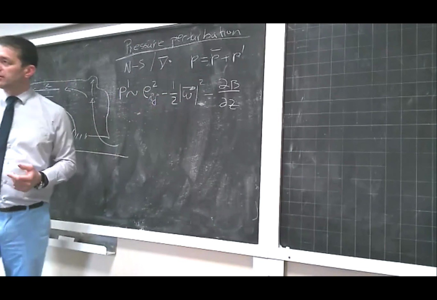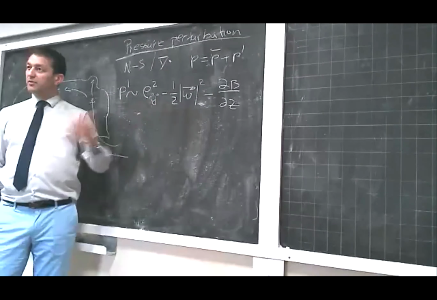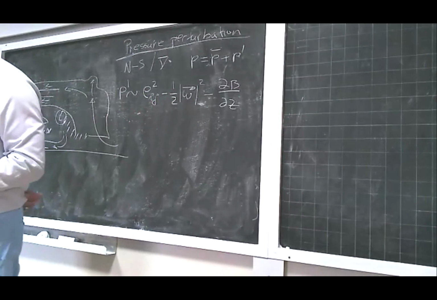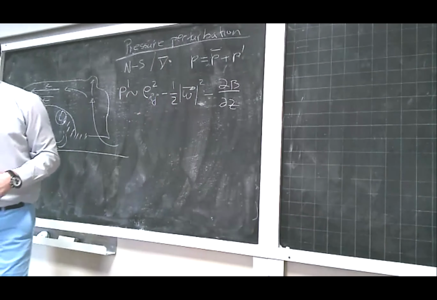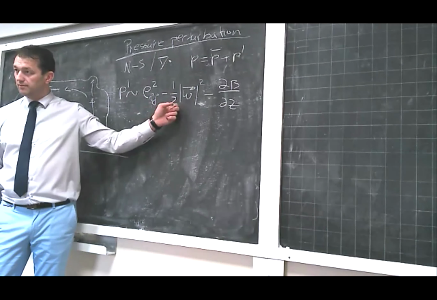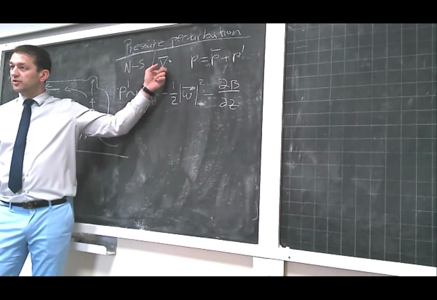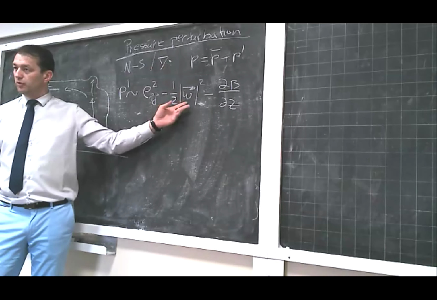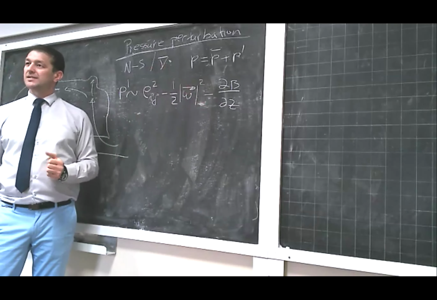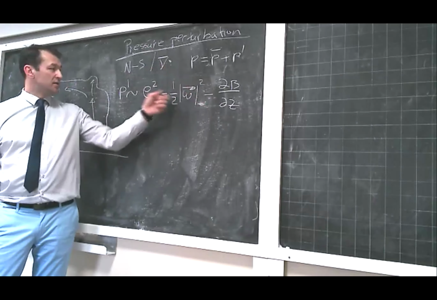This is the great superiority of atmospheric sciences over engineering, because in engineering, people always think vortex, low pressure in the center, and that's true. But this derivation assumes there is no Coriolis force. If you add Coriolis force, then you get some term that says sometimes you can have high pressure.